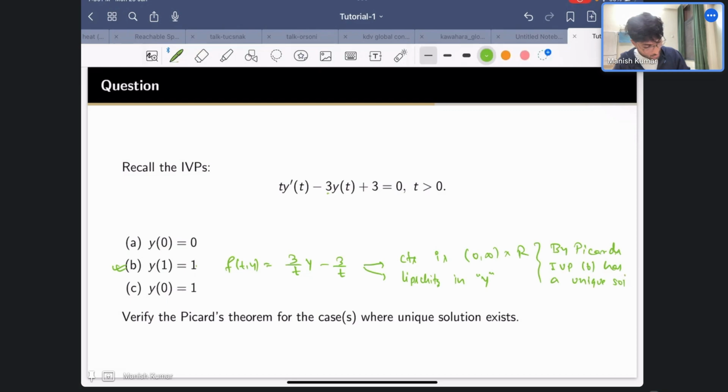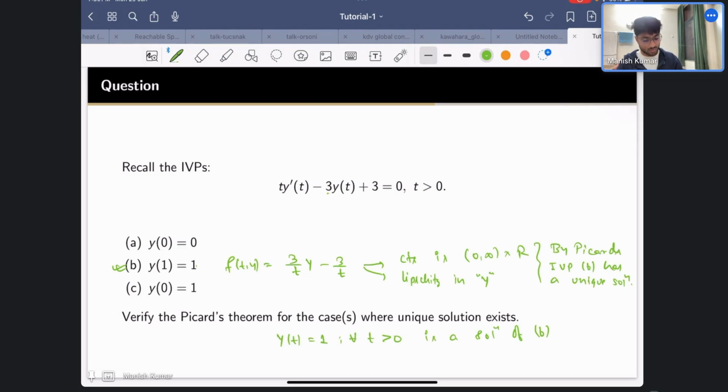Okay, so what I mentioned before, that y of t equal to 1, which was the constant solution. I told you earlier that y of t equal to 1 for all t greater than 0 is a solution of B. Okay, but Picard's theorem tells me that it is unique in a small neighborhood of 0, but you can clearly see that this will be the unique solution in the whole 0 to infinity.